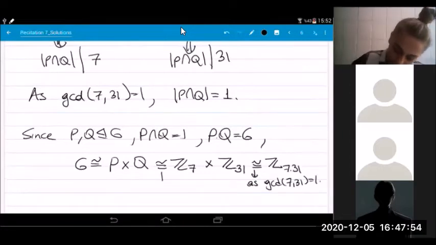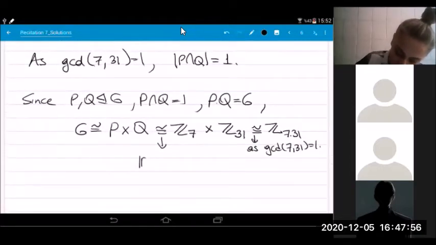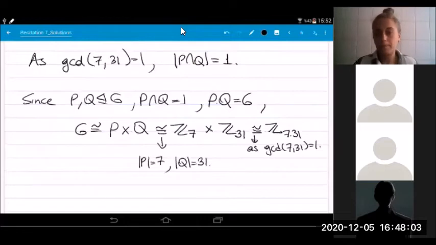From the internal direct product, we turn it into the external direct product because we know they're isomorphic, right? Any question? So it has to be cyclic, of course. G is isomorphic to Z217, so it's cyclic.